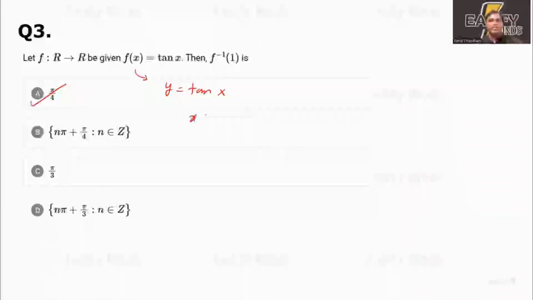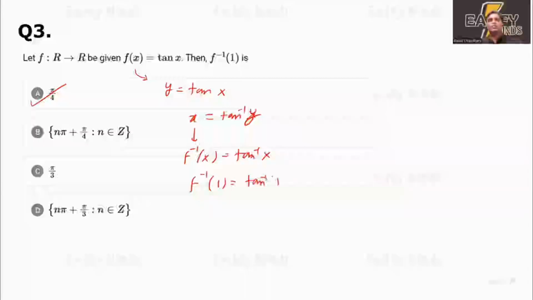So I will find the value of x, that is tan inverse y. x will be replaced with f inverse x, tan inverse y, and y is replaced with x. So f inverse x is tan inverse x. In place of x, we have to put 1. So tan inverse 1, and the answer is how much? Pi by 4. That is option A. Clear? Easy problem.